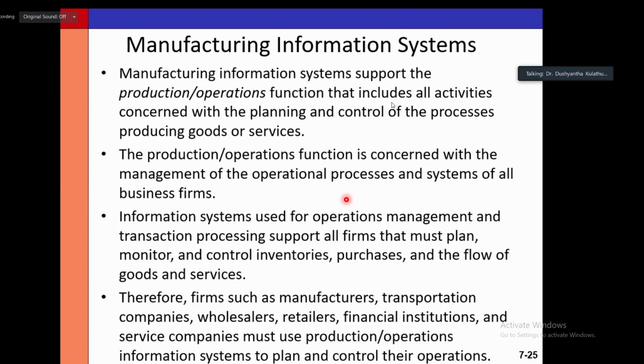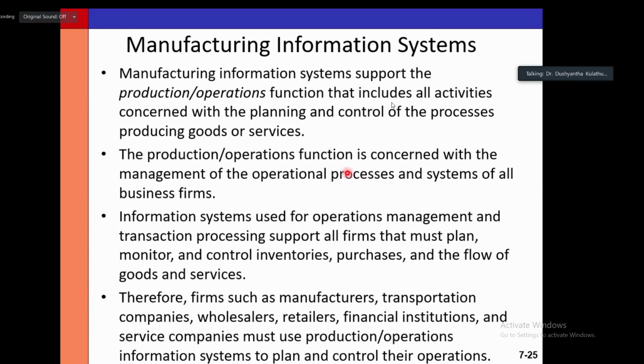We can have an operations function, which is related to the day-to-day operations of an organization. So we may have manufacturing information systems or operations information systems, depending on the type of organization that we consider.